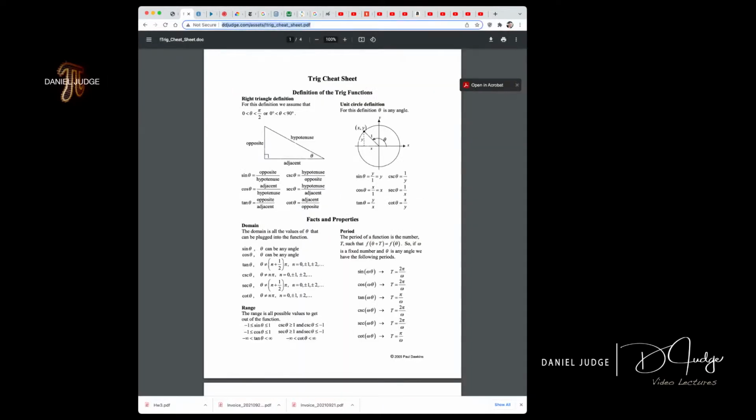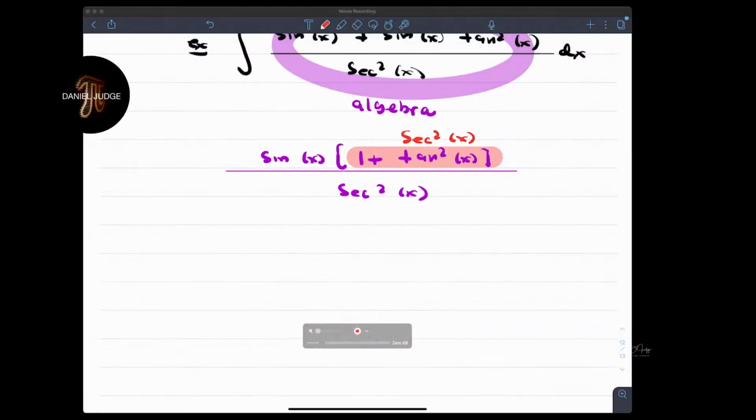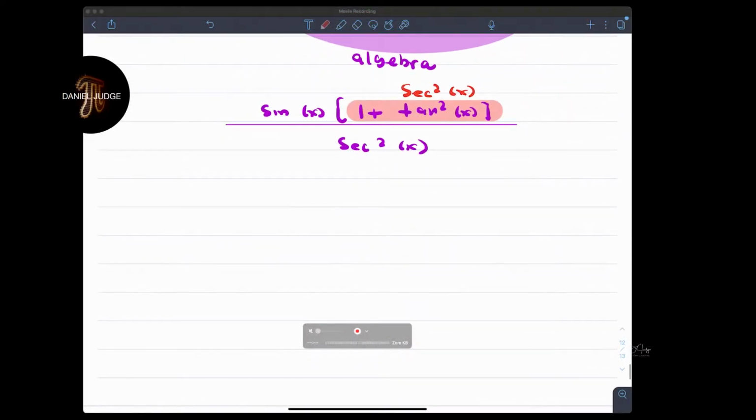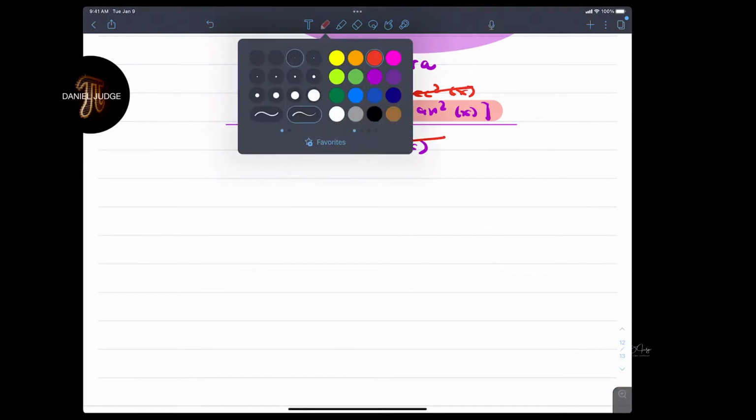We'll give you that cheat sheet if you want to review some of your identities here. It might be a good idea. All right, so here's some of that cheat sheet. Get rid of that secant squared.